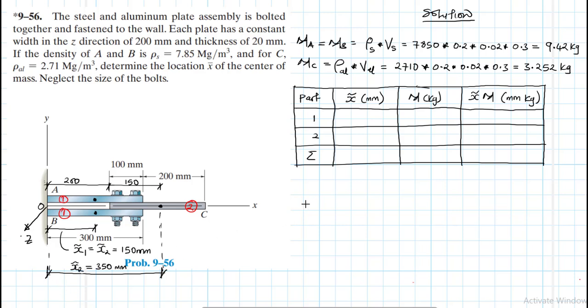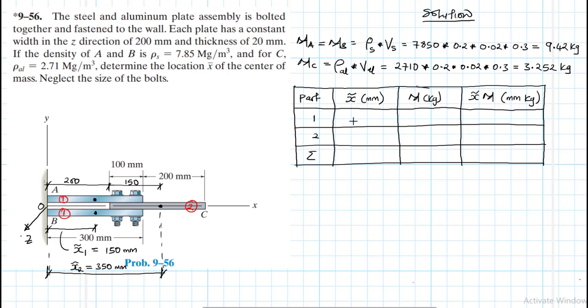Part 1 and part 2 are the same. So local centroid for part 1, they have the same position. Okay, so we just called them the same, all of them. It's just all 150.